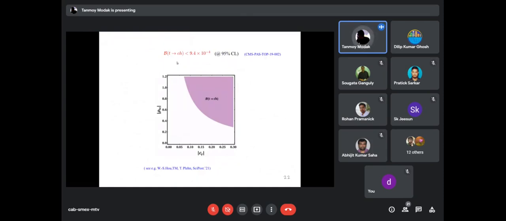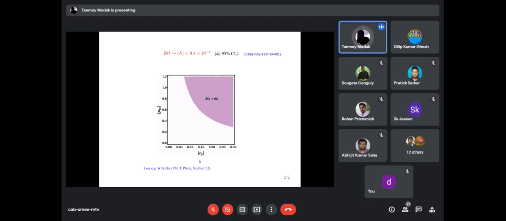Also, the top quark decay to charm and Higgs boson is measured. This is a flavor violating decay. ATLAS and CMS do not observe it, but they set a very stringent upper limit on the branching ratio of t to charm and Higgs boson. This decay is directly proportional to rho_tc, and it's also dependent on cosine gamma.